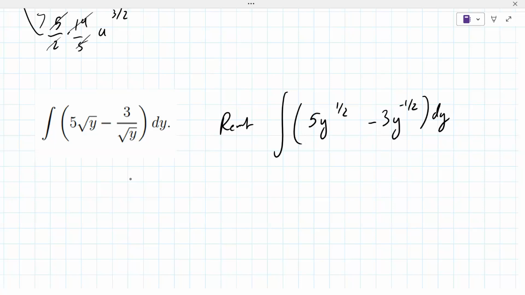Okay, I did 10 thirds y to the power of 3 halves minus 6y to the power of 1 half plus C. Good.